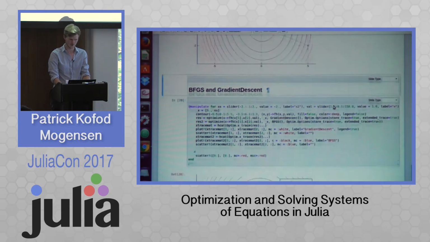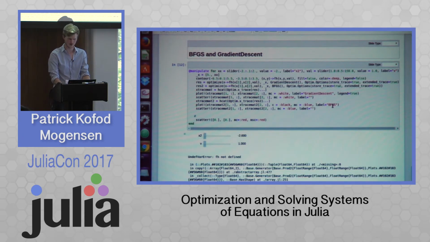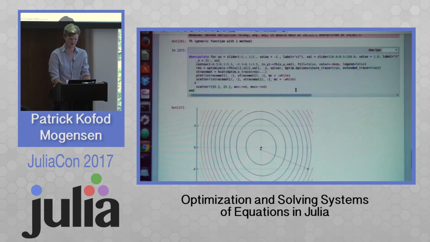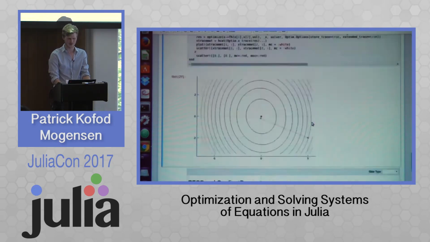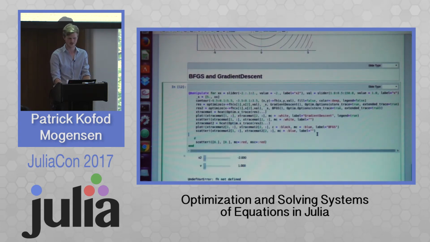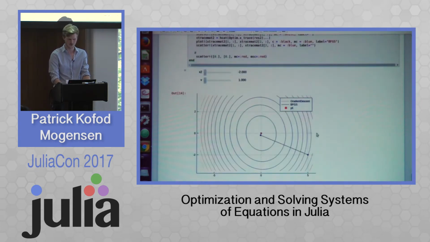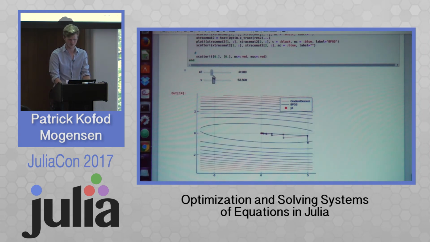This is just to show that because we're initializing the Hessian as the identity matrix, the first step of BFGS and gradient descent will be the same here. And we can try to worsen the condition number, and you will see that the black line is BFGS and the red line is gradient descent.